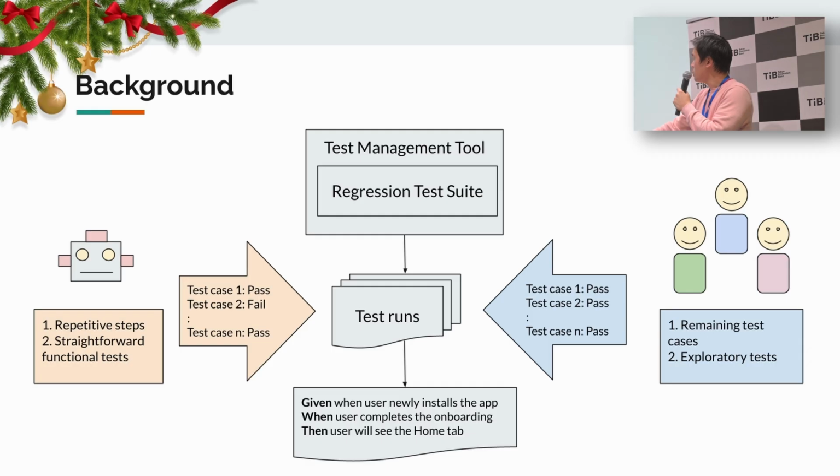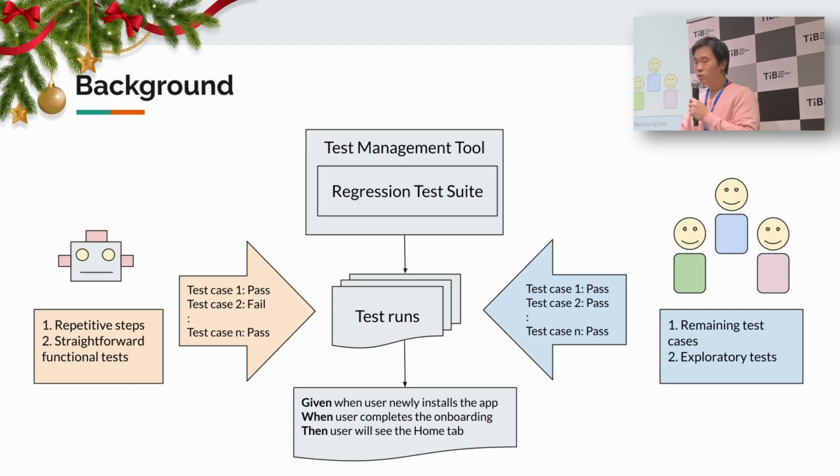We basically focus on test cases that are repetitive and mainly focus on feature testing. Those test case results are passed into our regression test management tool so that in the morning, the manual testers who are ready to execute the test will execute the remaining tests and do exploratory testing. So this is how we handle our regression test on a weekly basis.